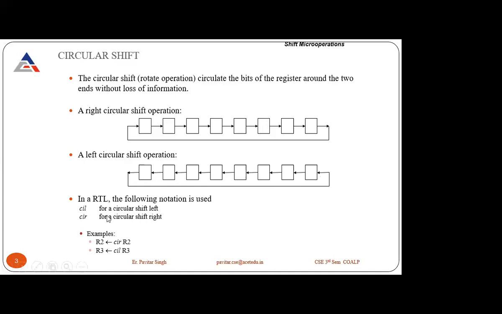So the circular shift will be denoted with CIL or CIR. For right circular shift, you will write CIR, then the name of the register, and after performing the operation, it will be stored into R2 again.